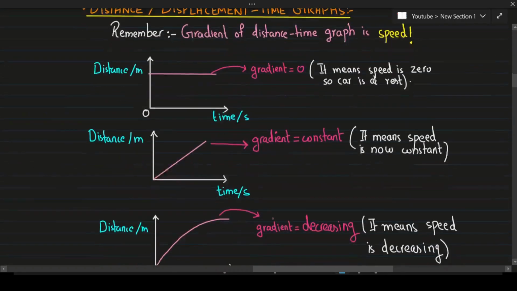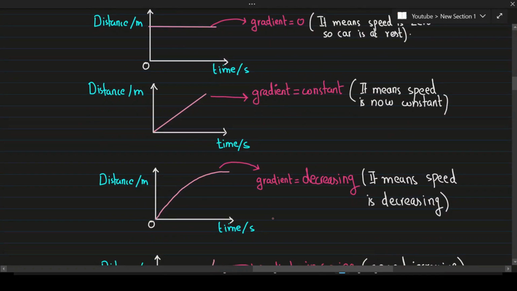Then we have a curved line. This is now not a straight line. The gradient is not constant, but now we need to see whether the gradient is increasing or decreasing. If I draw some straight lines, I can see that the slope is gradually becoming horizontal.